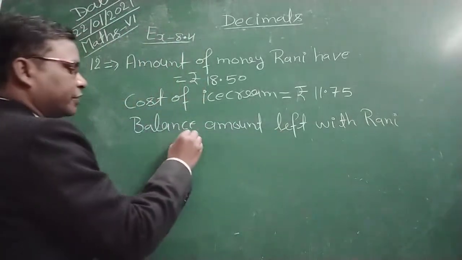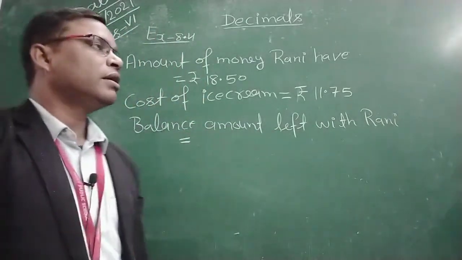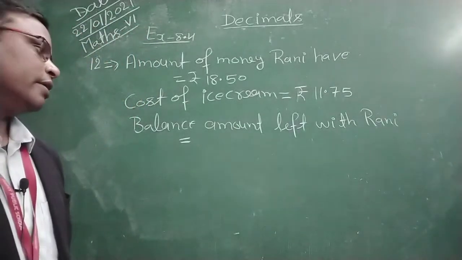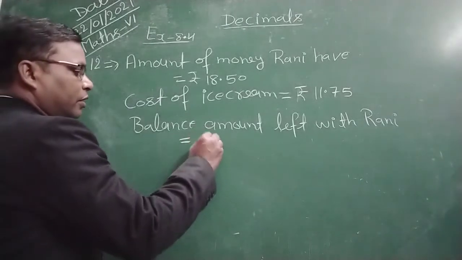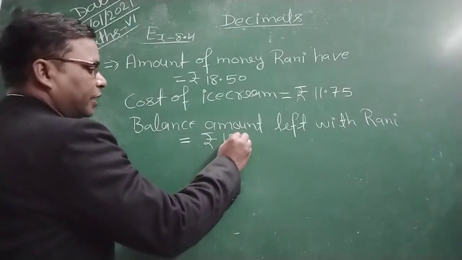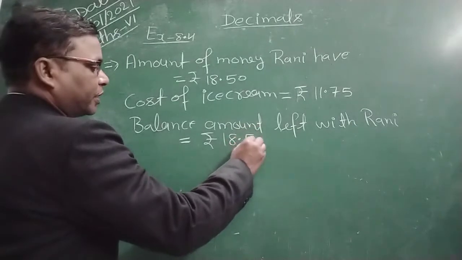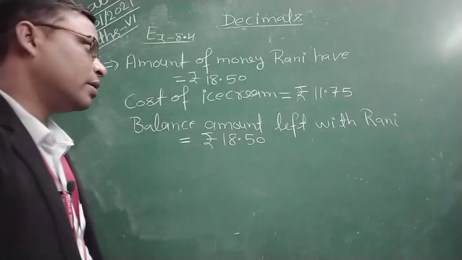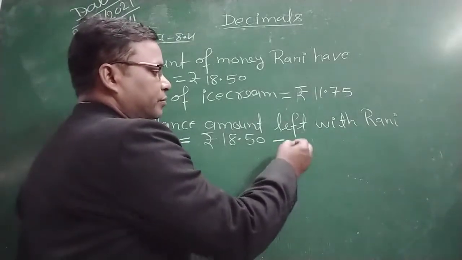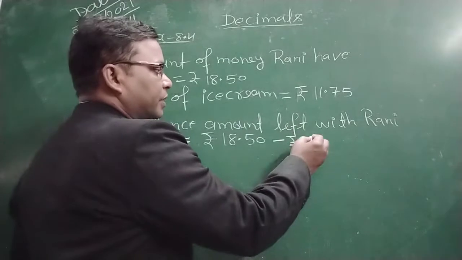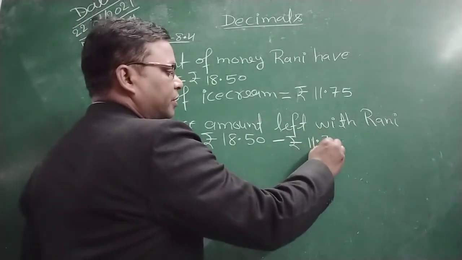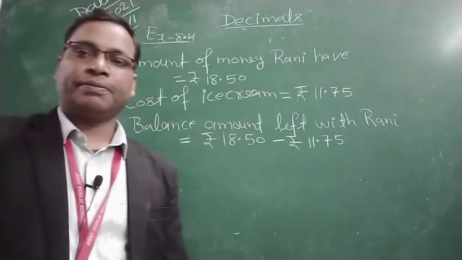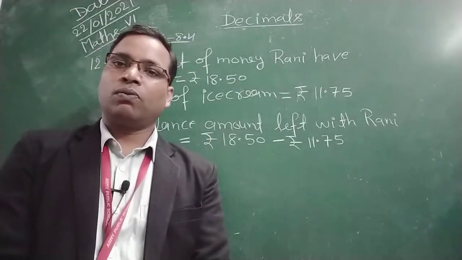Okay, so for this we subtract the cost of ice cream from the amount of money Rani had. So the amount of money Rani had is 18 rupees 50 paise, and you can write it 18.50 rupees, minus the cost of one ice cream, 11.75, or you can say 11 rupees 75 paise.